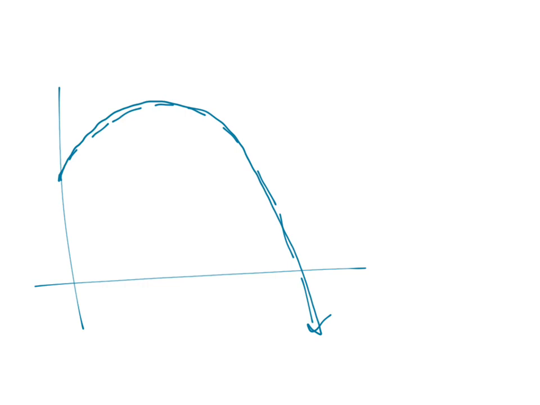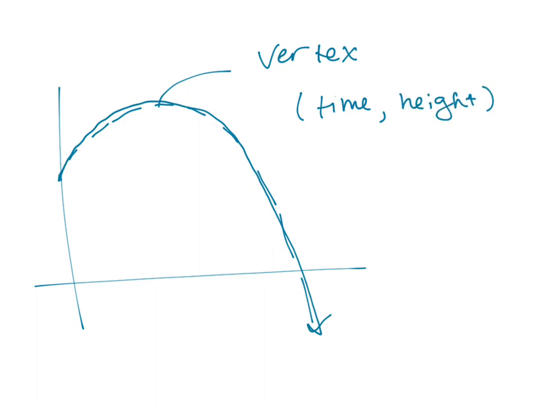What does the top tell me, the vertex? How high it went, right? The vertex will answer two questions. It will answer time, and height. Typically, your x value will tell you time, and your y value will tell you height.